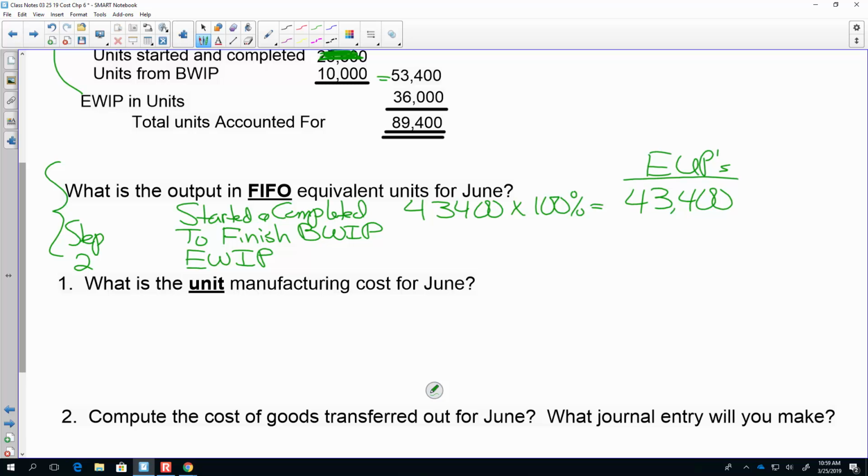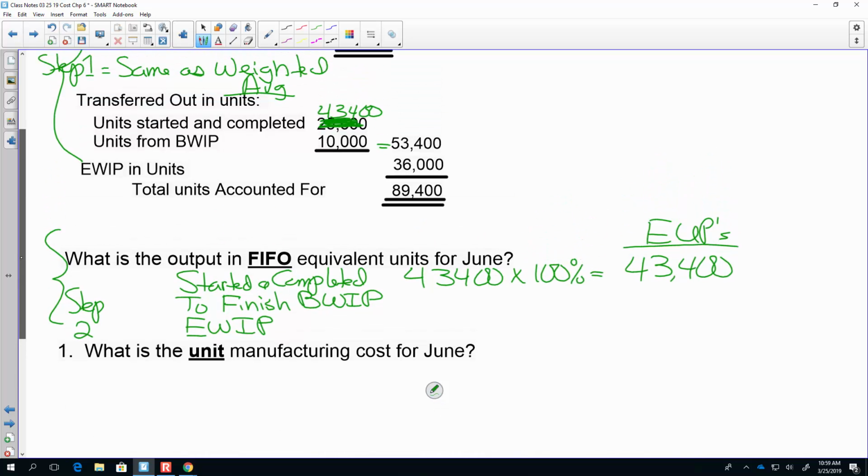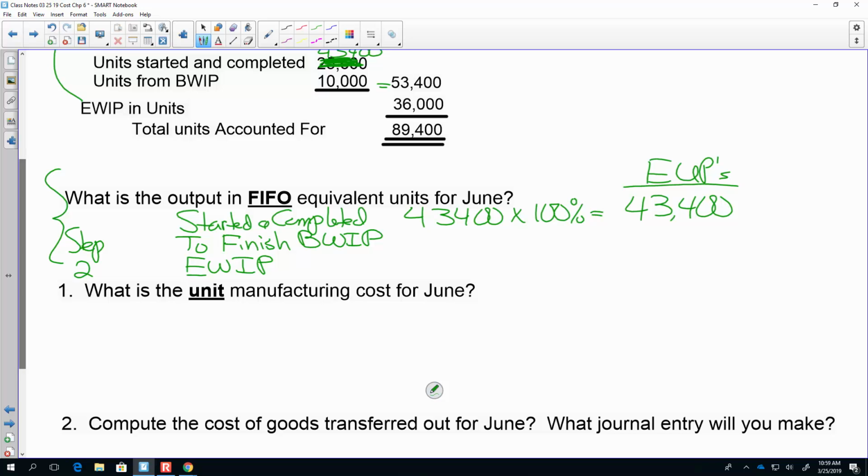Now, my beginning units, how many did I have in beginning inventory? 10,000. This is the hard part now. How much effort was used to finish those units? Going back to problem 45, 20%. Michelle, why did you say 20?